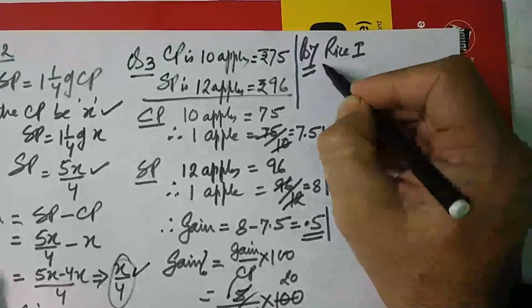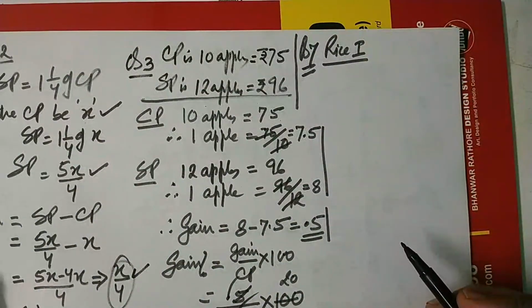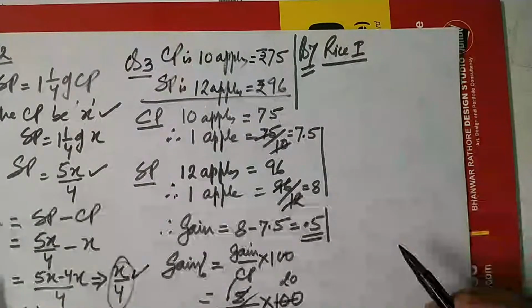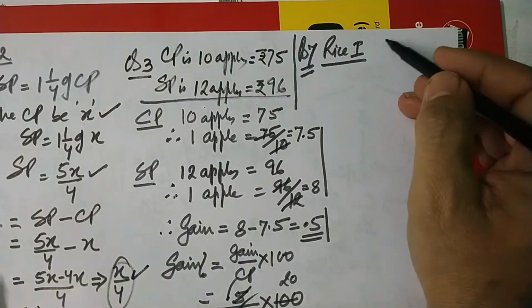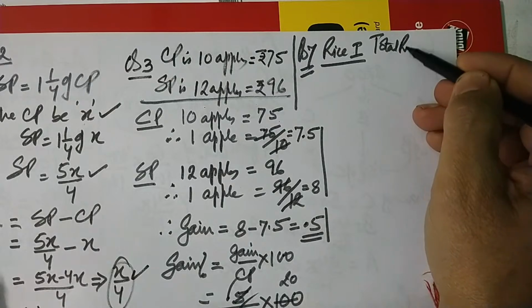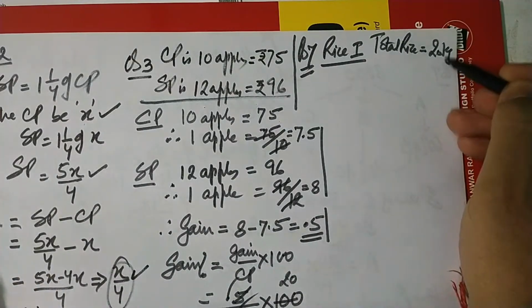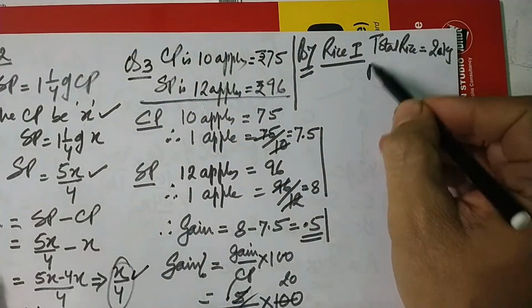Rice 1, first type of rice, what is it? It is 20 kg at the rate of 45. So you can easily get the cost. What is the total rice? It is 20 kg. And what is the rate?